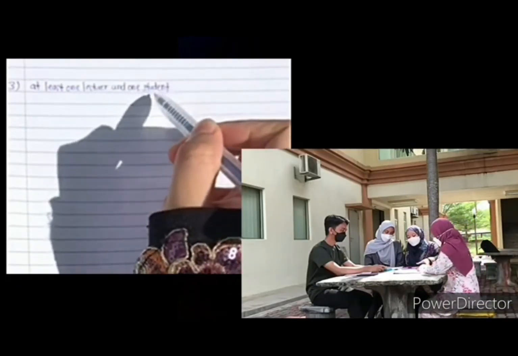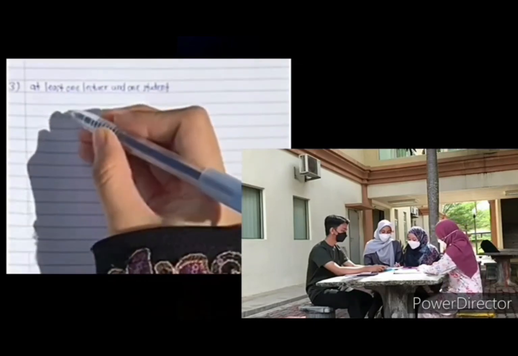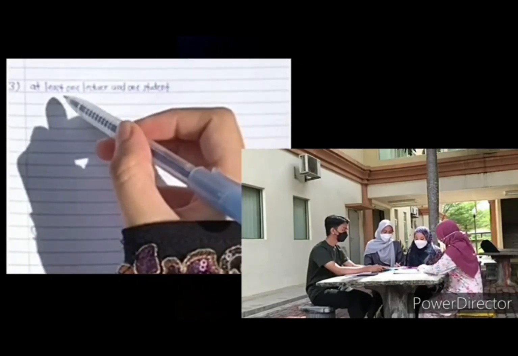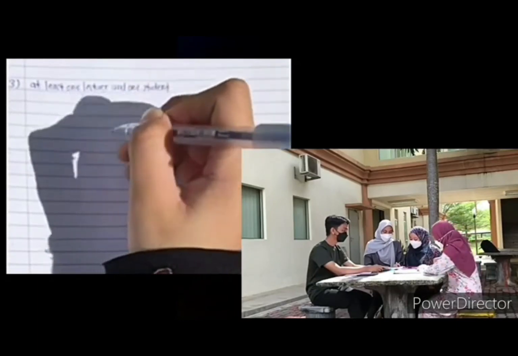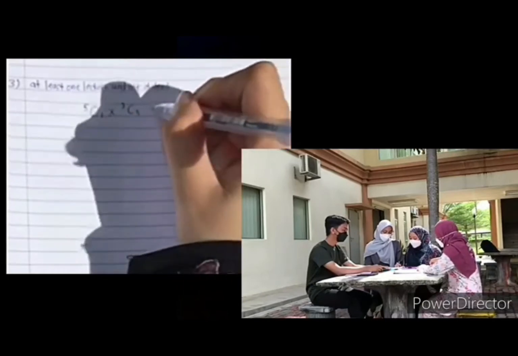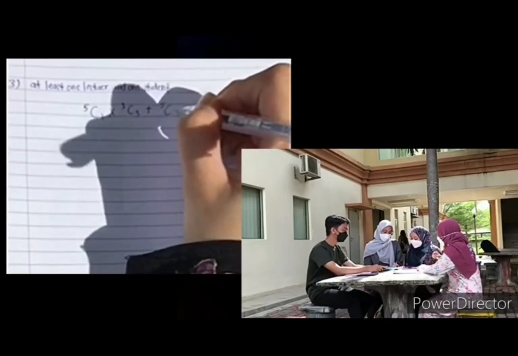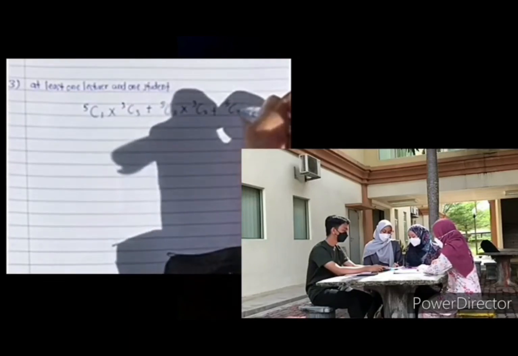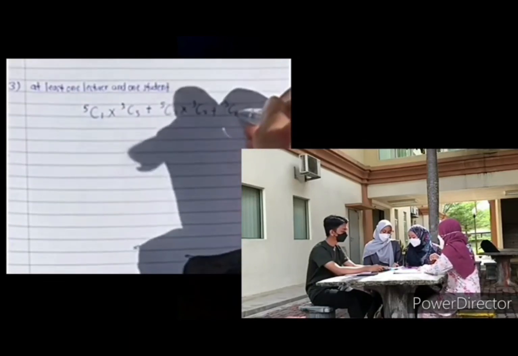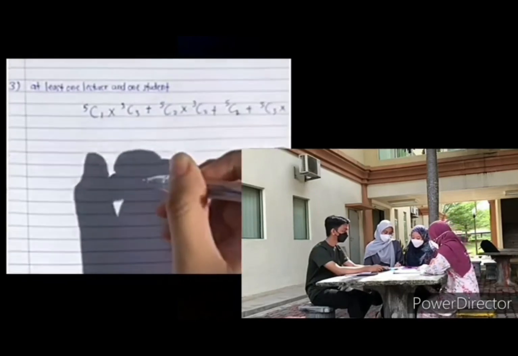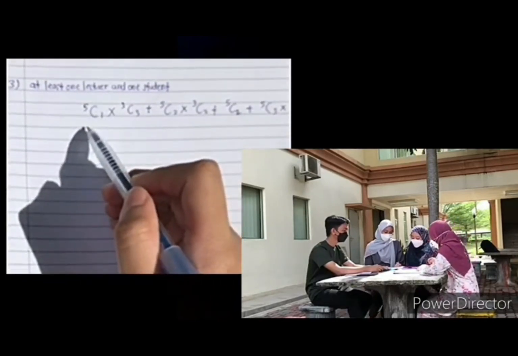For the third question, it states at least 1 lecturer and 1 student. So the way we can do it is to use combinations. First, we take 5 choose 1 multiplied by 3 choose 3, plus 5 choose 2 multiplied by 3 choose 2, plus 5 choose 3 multiplied by 3 choose 1.